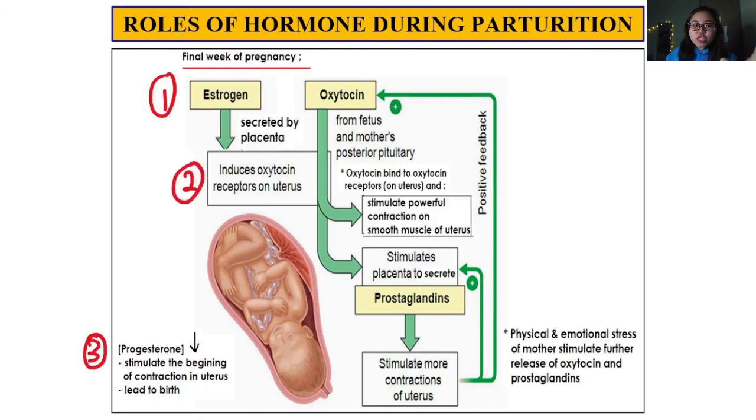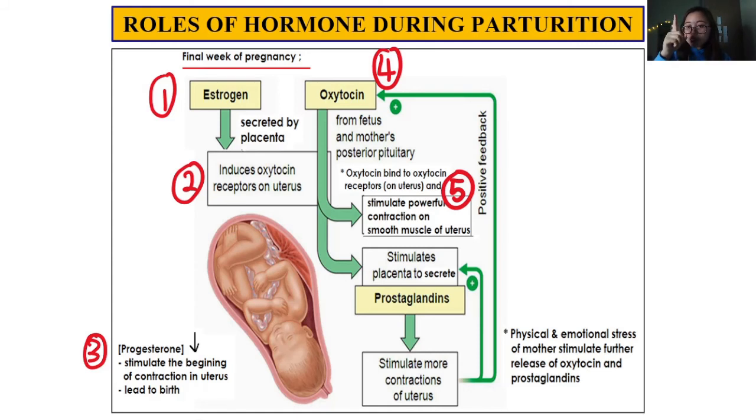At the same time, progesterone levels decrease, and that stimulates the beginning of contraction in the uterus and leads to birth. At the same time, oxytocin is constantly being released by the posterior pituitary glands of the mother and also of the fetus. And oxytocin binds to oxytocin receptors on the uterus. This will stimulate powerful contraction on the smooth muscle of the uterus.